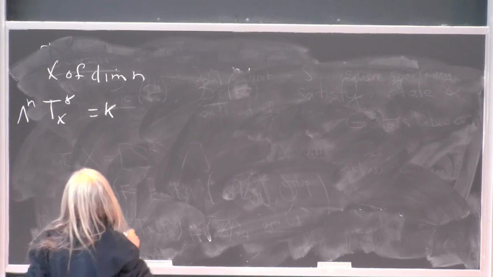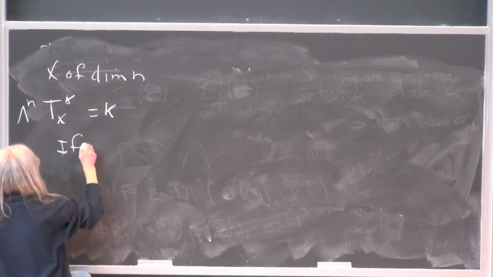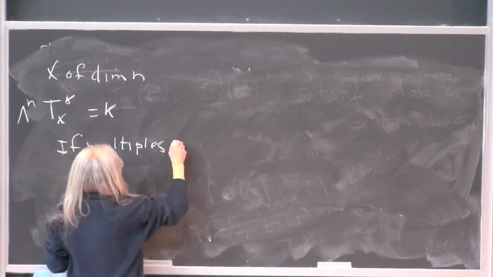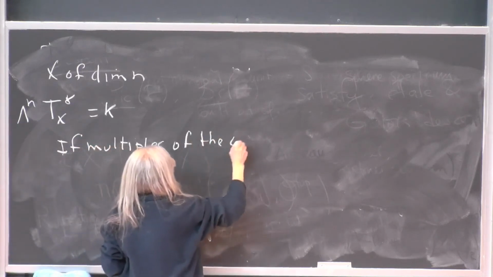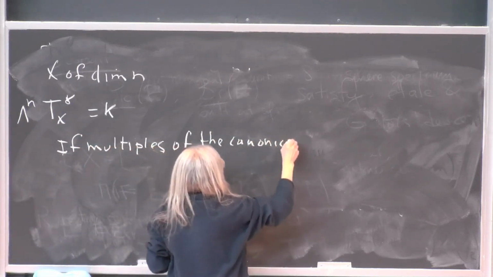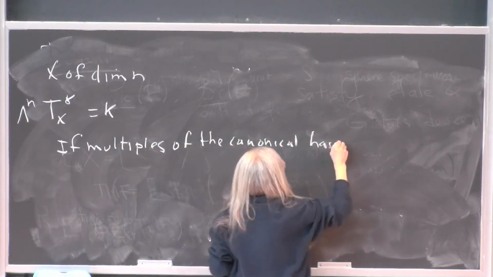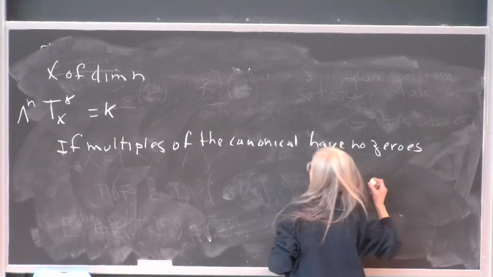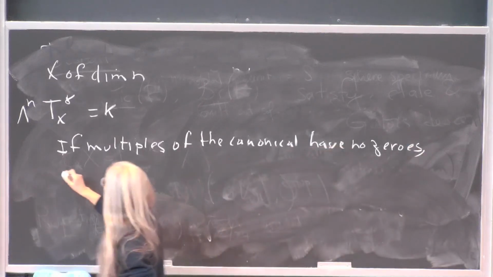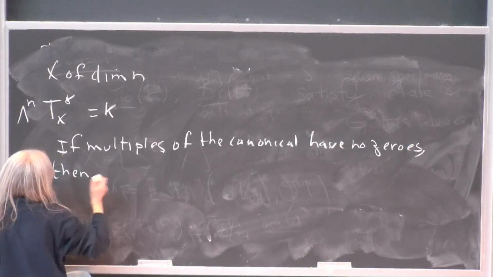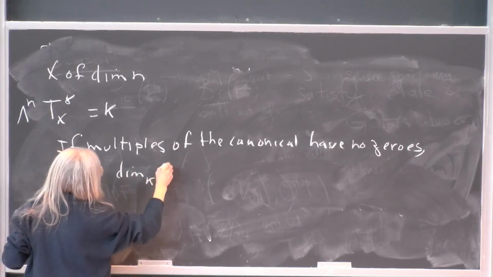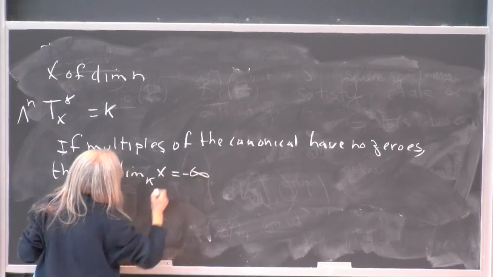And so if multiples of the canonical have no zeros, then the Kodaira dimension of X is, by definition, negative infinity.